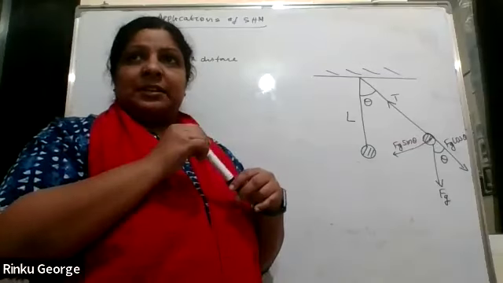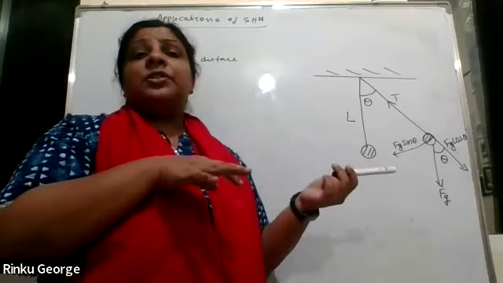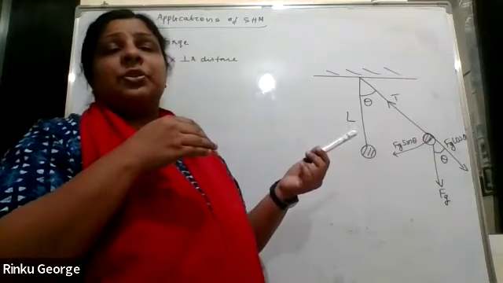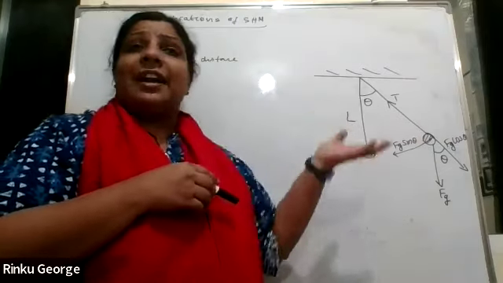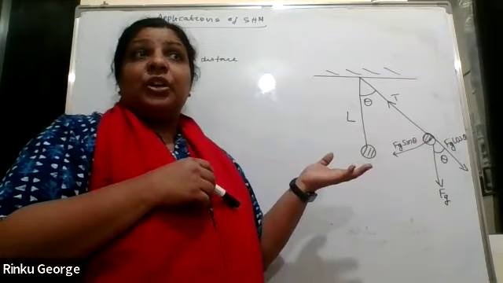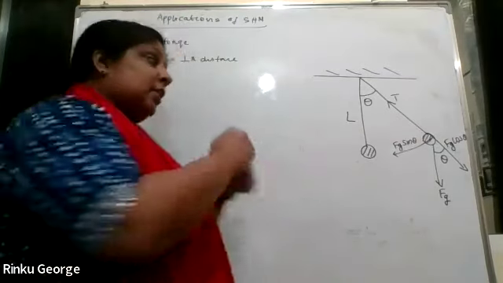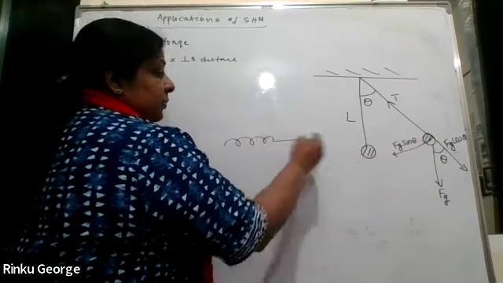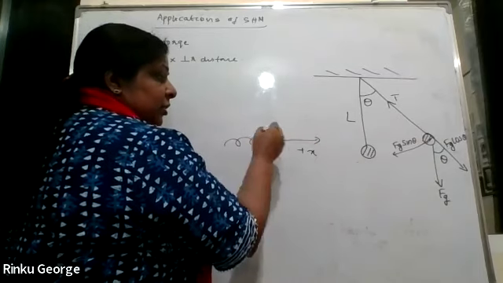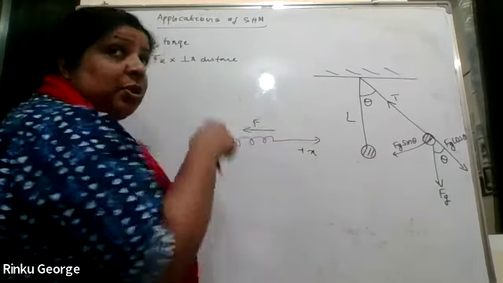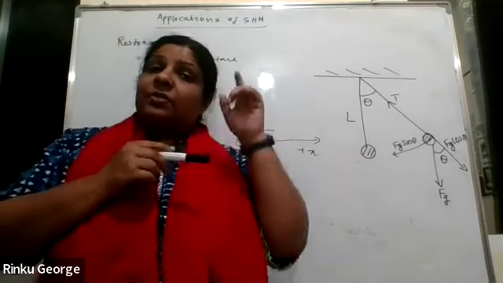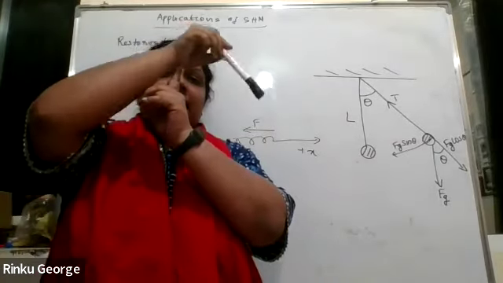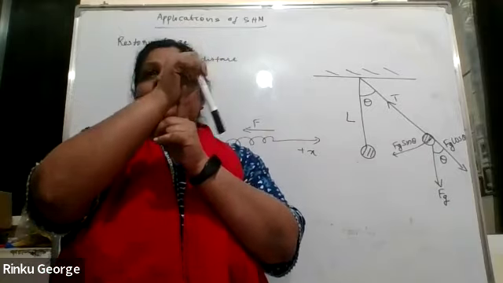So you will put a negative sign. In the case of a spring, we put a negative sign for the restoring force because it was in the opposite direction of displacement. Do you remember? Displacement is in this direction, restoring force was in this direction, so you took negative. Here also we will take negative, because as it is coming, theta is decreasing.